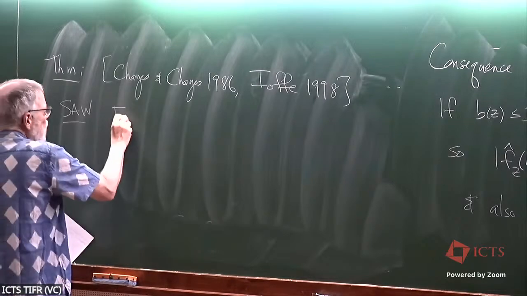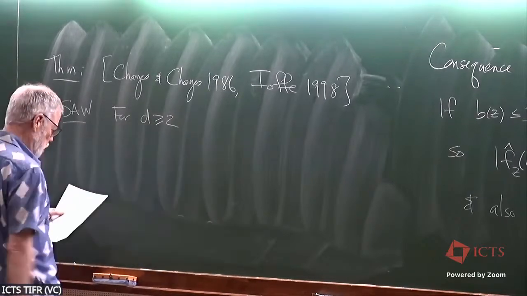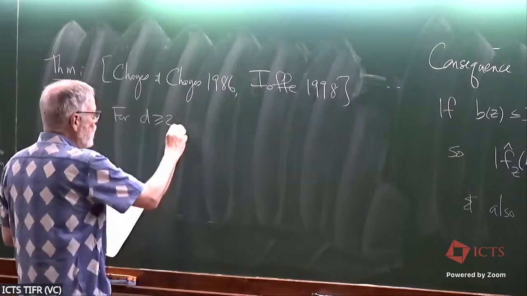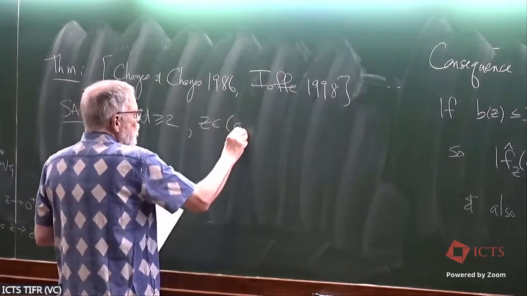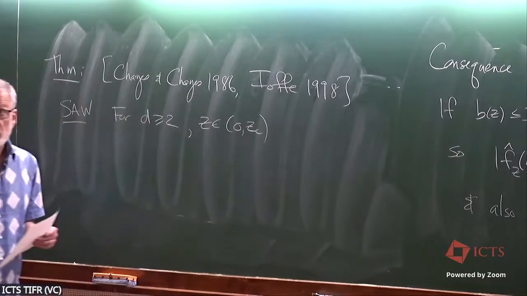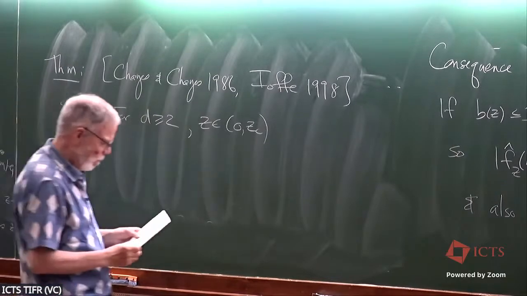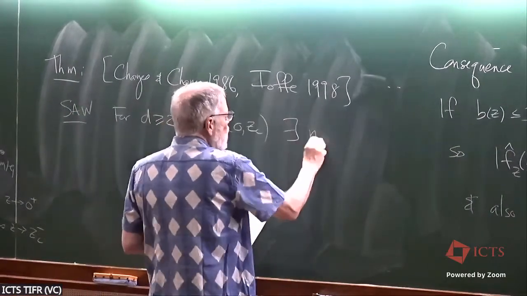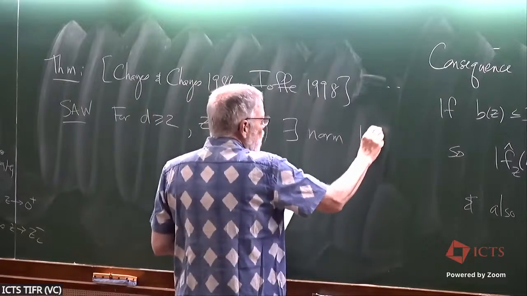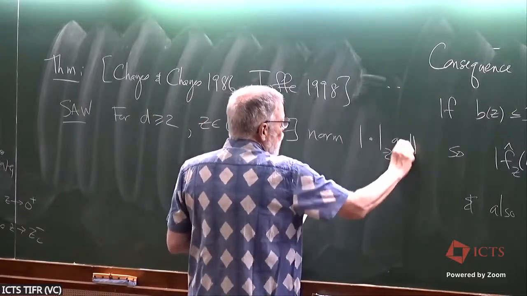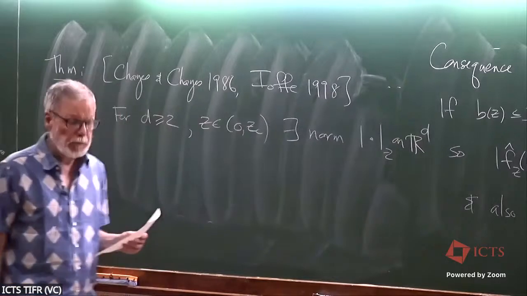It says that for d greater than or equal to 2, there's no high dimension hypothesis here. For z any number between 0 and zc, there exists a norm on R^d that depends on z.